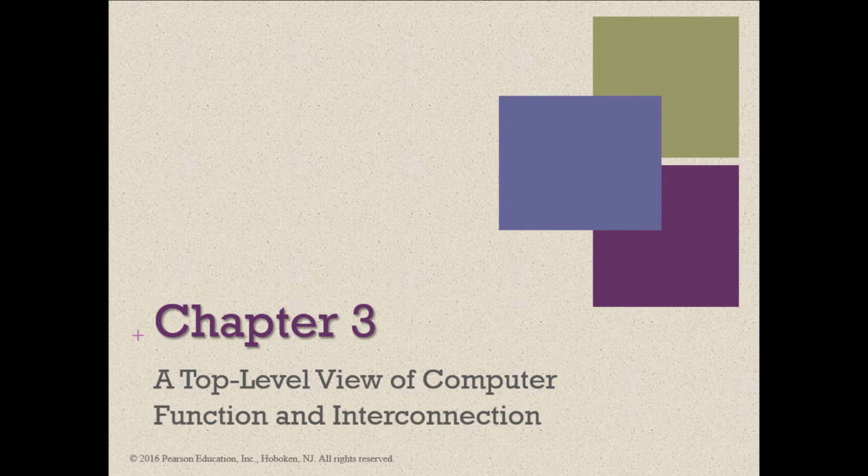Thus, at the top level, we can characterize a computer system by describing first the external behavior of each component, that is, the data and control signals that it exchanges with other components, and second, the interconnection structure and the controls required to manage the use of the interconnection structure.